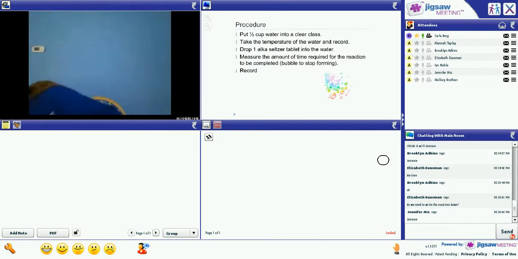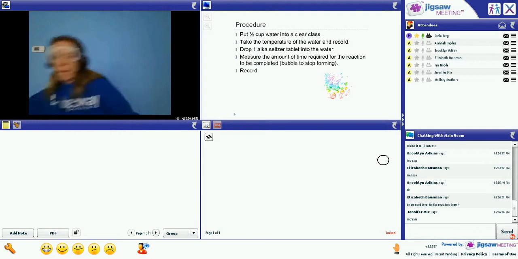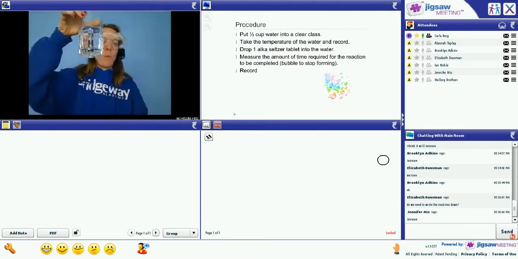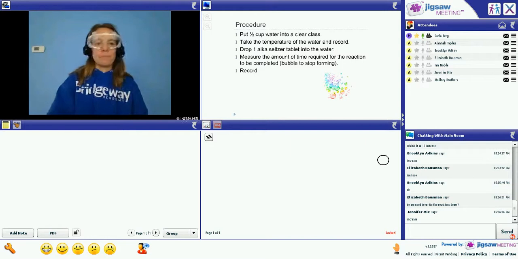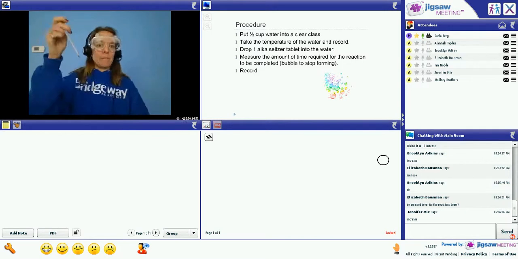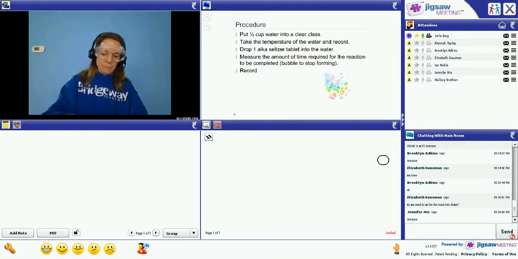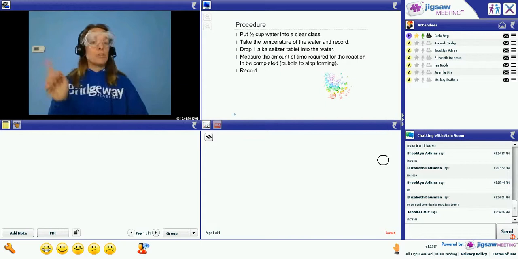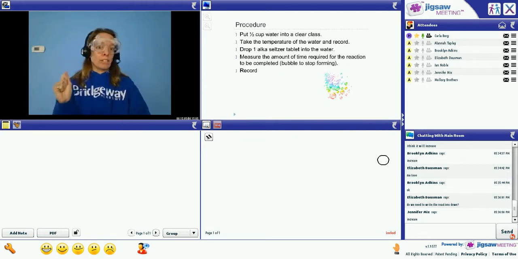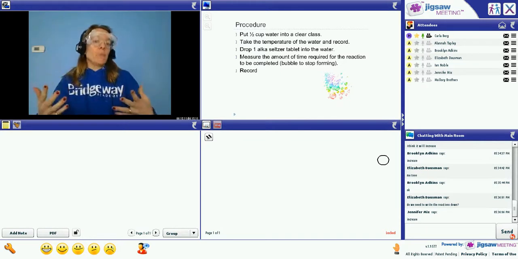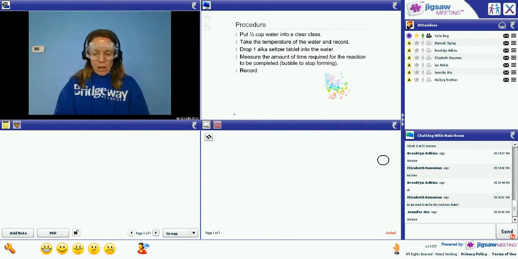So what we are going to do is first we will take a regular room temperature glass of water. Take the temperature of the water using your thermometer and write it down. If you do not have a thermometer, write room temperature next to it. You can still do the lab, it just won't have temperatures associated with it.